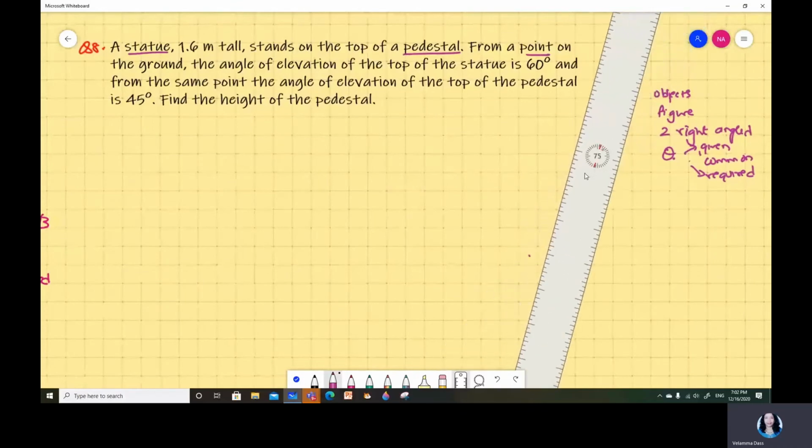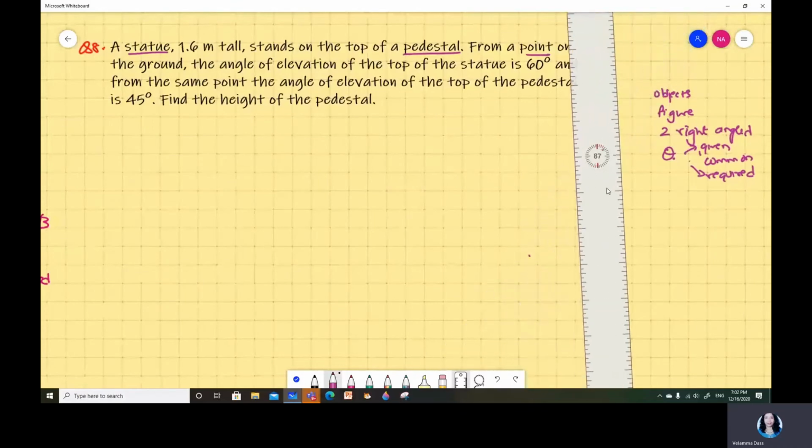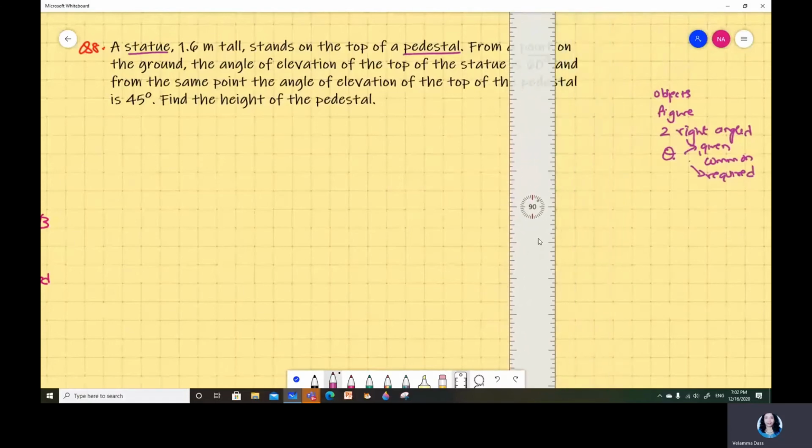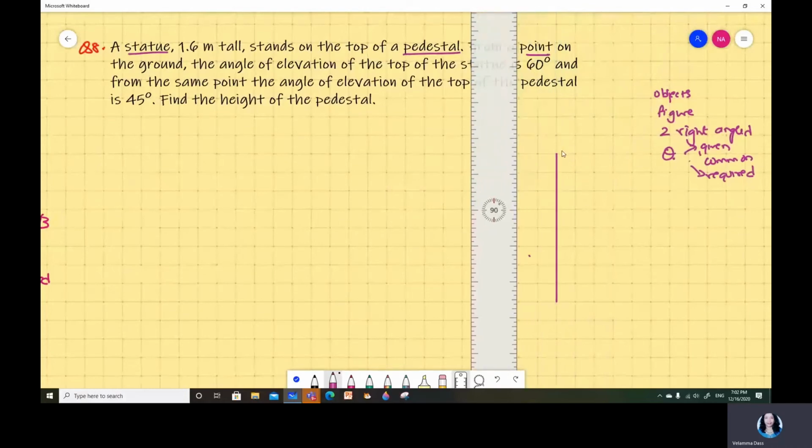So let's draw a straight pedestal, and on the top of the pedestal you can find a statue. So let's assume this EB as a statue and my BC is a pedestal. Now I don't know what is the length. I have just taken it, and the statue is 1.6 meter tall.